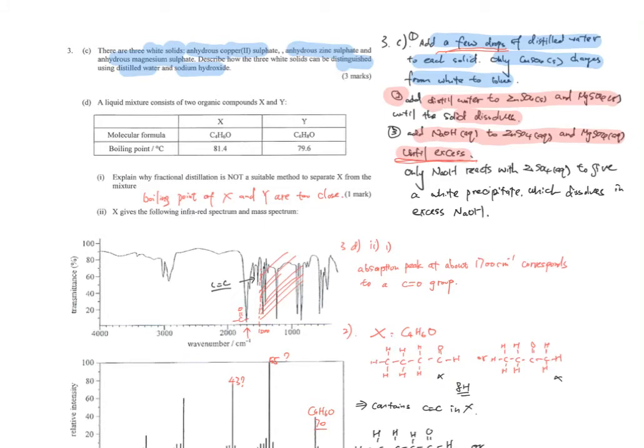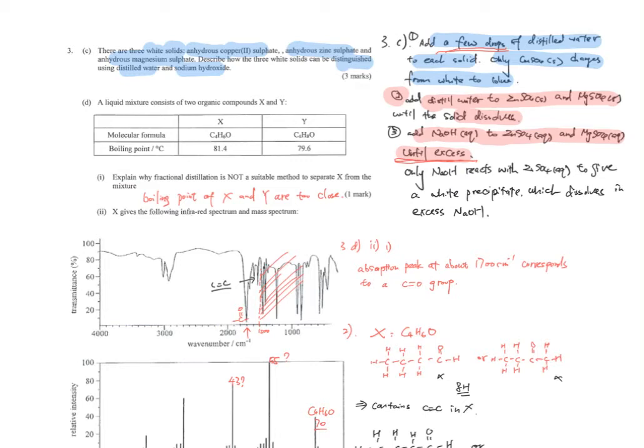Because for this metal ion, if you add the hydroxide ion, it will form a precipitate. But if you add an excess amount, some of the precipitate will dissolve, and some of the precipitate will not dissolve. So from this observation we can distinguish, okay?